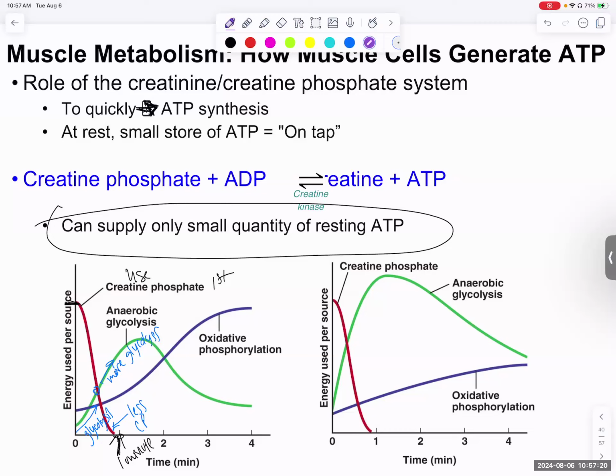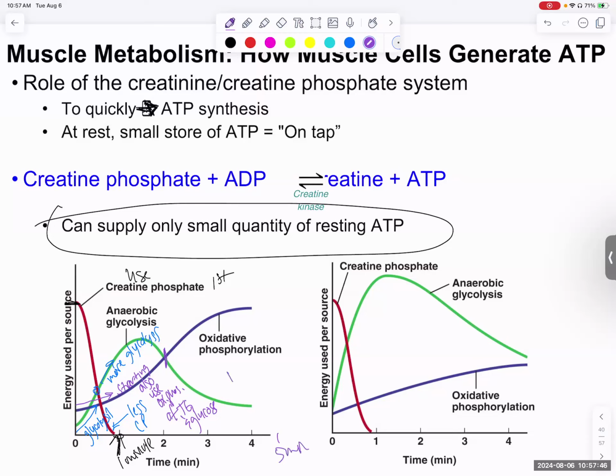But that's okay, because if we keep going, as there's oxygen present, we start to also use oxidative phosphorylation of triglycerides and glucose. And this is occurring in about 2 to 5 minutes.